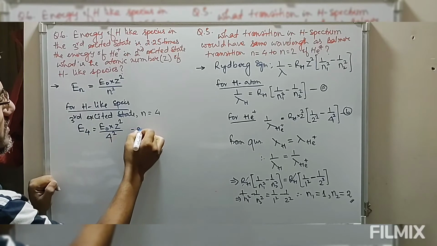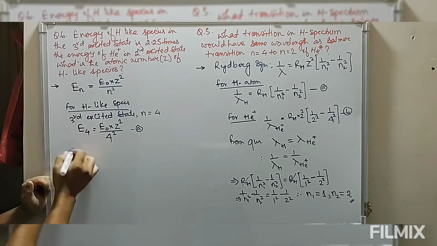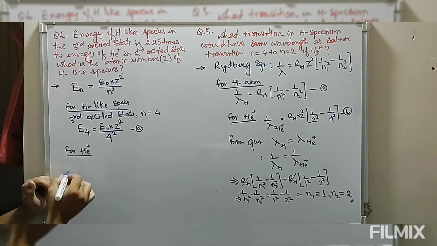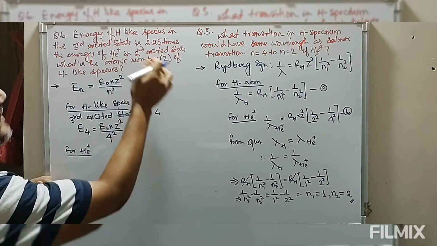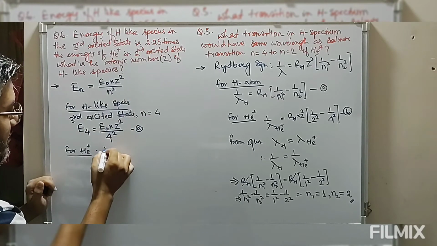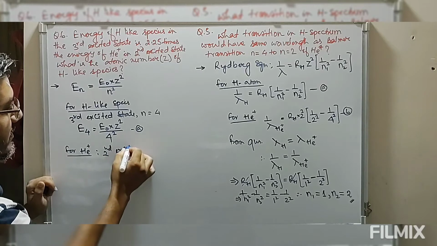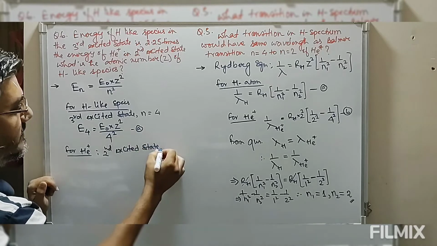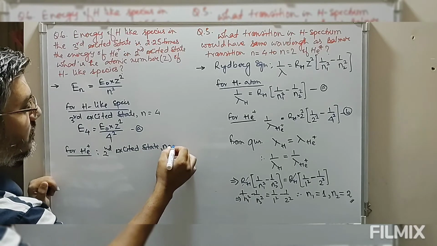So let's suppose this is A. Now we have helium plus. Again the question says this is the second excited state. For the second excited state, n equals 3.